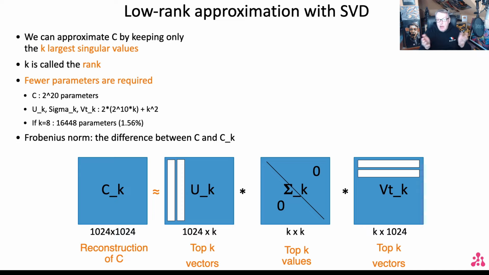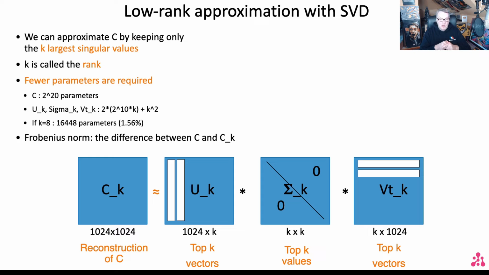So now we have a k by k, or let's say 8 by 8 matrix. For the product to still work, U needs to become 1024 by k, and V transpose needs to become k by 1024. And now the product of those three matrices is still a 1024 by 1024 matrix. But now, you guessed it, the number of parameters is much smaller.